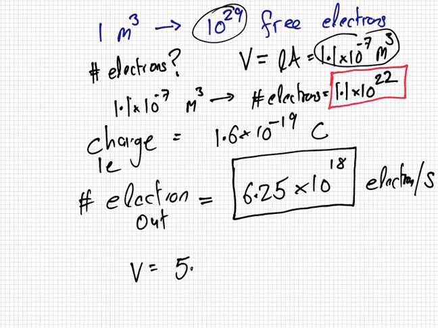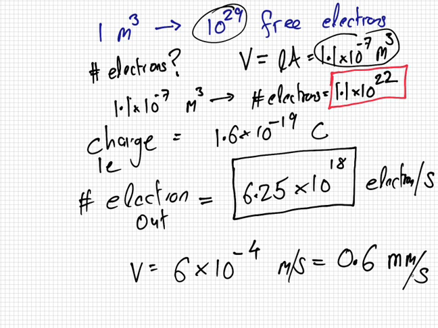So in other words, we'll just round to 1 decimal place. So 6 times 10 to the power of minus 4 meters per second, which is 0.6 millimeters per second. And that's the result that they have in the book as well.